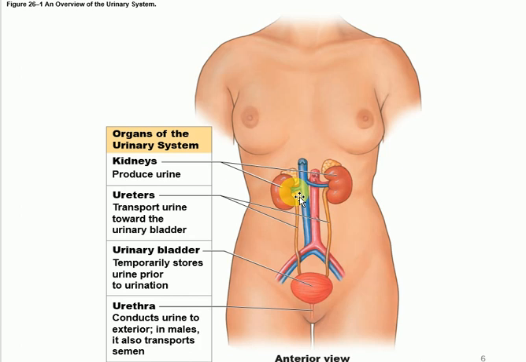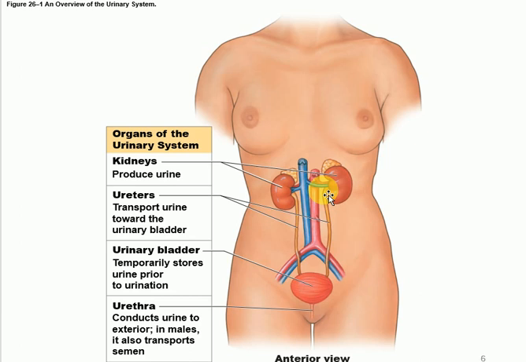So enter and exit. Where does it enter and exit? And also where the urine exits. What do you call this? What is this area in which the renal artery enters, the renal vein leaves, and the ureter leaves? What do we call this area?